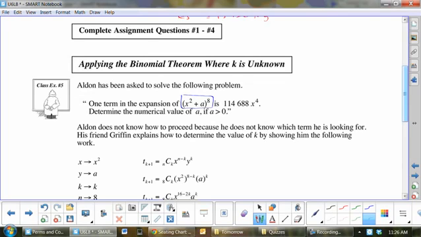They say one term actually is this. And they're saying, well, so what would a have to be to make that? Okay, so I want you to picture 9 terms, and one of the terms is 114,688 x to the 4th.